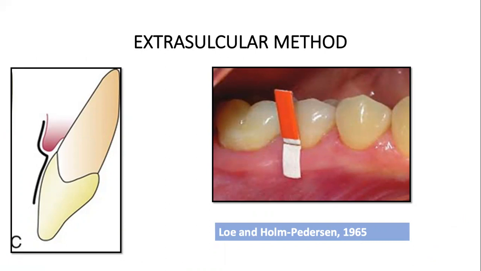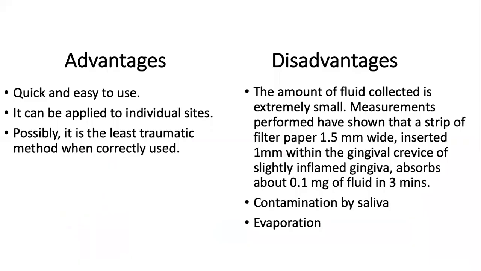Okay, so you can see in this photograph how you are placing the absorbent filter paper strip, the perio paper, just at the entrance of your gingival sulcus without irritating the sulcus. So this method definitely has an advantage over the initial intrasulcular method.